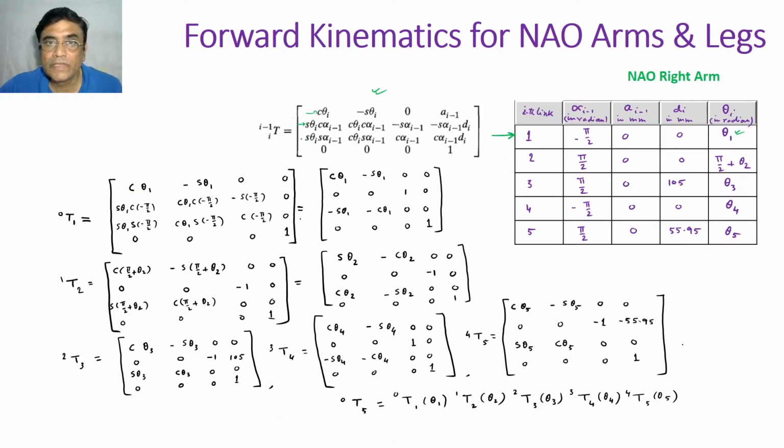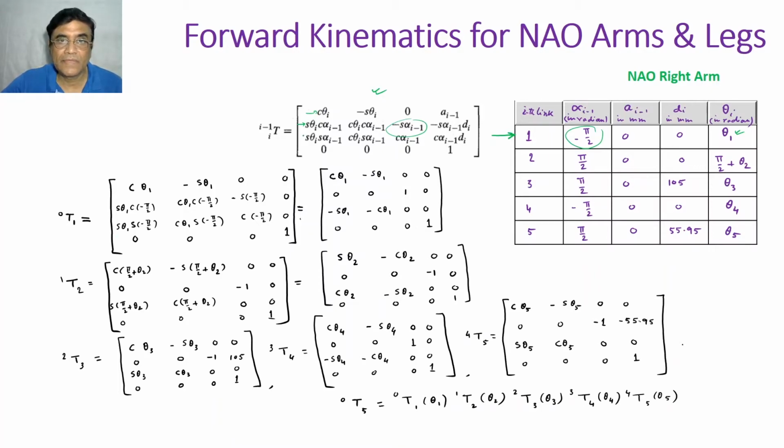In the second row, you see, sin theta 1, cos alpha i minus 1. So you put cos of minus pi by 2. Then similarly cos theta 1, cos of minus pi by 2, minus sin minus pi by 2. And then since d i is 0, this is 0.